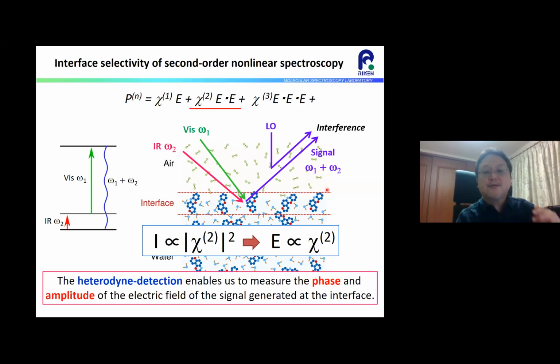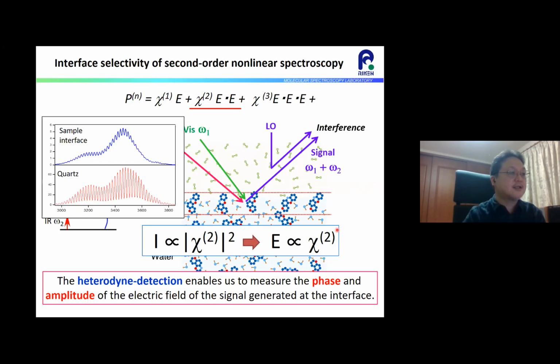In order to solve this problem, heterodyne detection is important, in which we introduce a local oscillator, which is another femtosecond pulse, and overlap it with the signal generated from the interface in a phase controlled way. This is the raw spectrum we obtain, and we observe this kind of fringe which comes from the interference between the local oscillator and the signal.